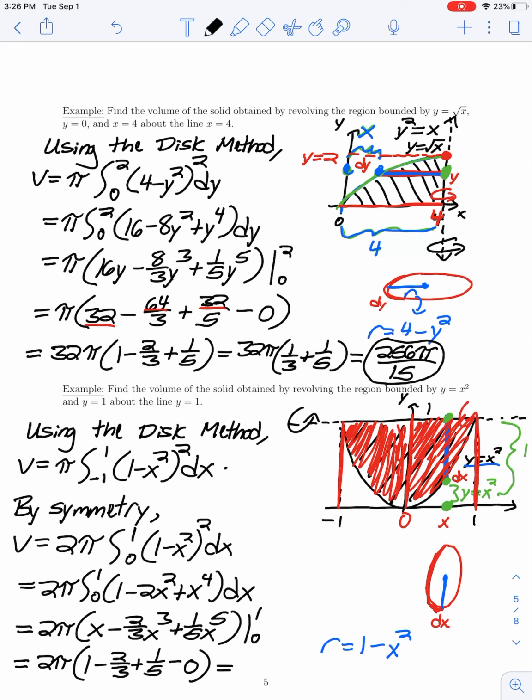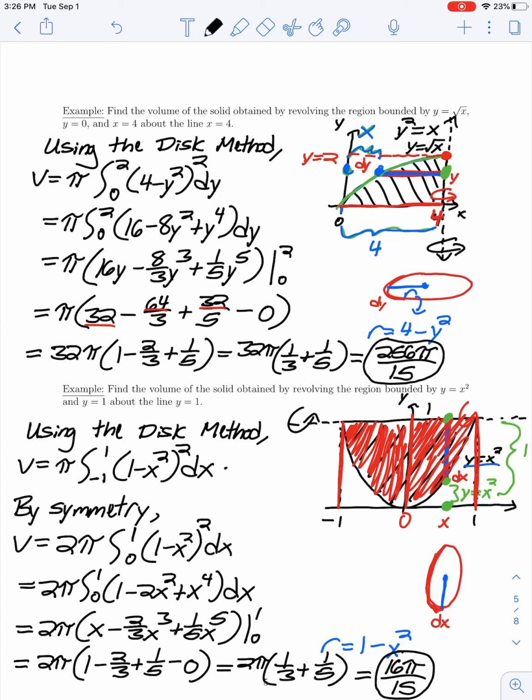And so we're left with 2 pi times 1/3 plus 1/5, which we had found in the previous example was 8/15. So multiplying by 2 pi, we get 16 pi over 15 for the volume of this solid.